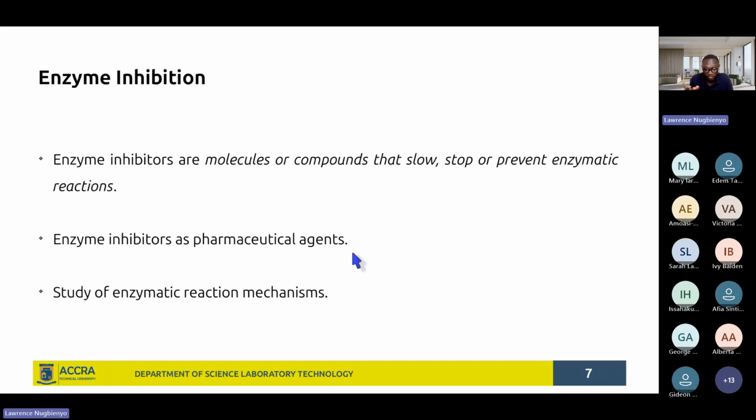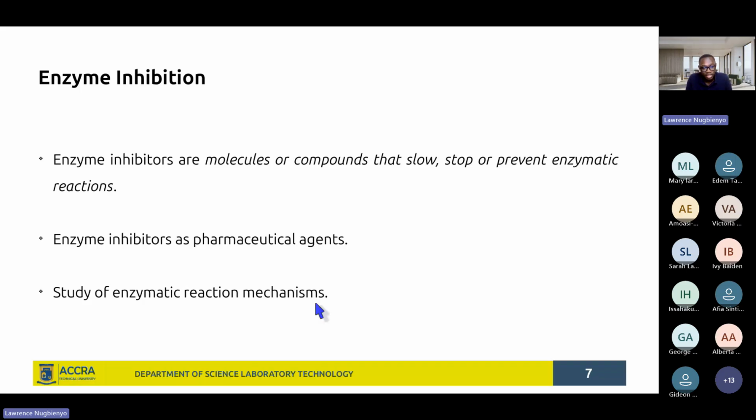That is, for instance, if you want to develop some medication for a particular disease condition, and you want to use a particular compound as an inhibitor, of course, you'll be using that in your study of the kinetics of the enzyme.